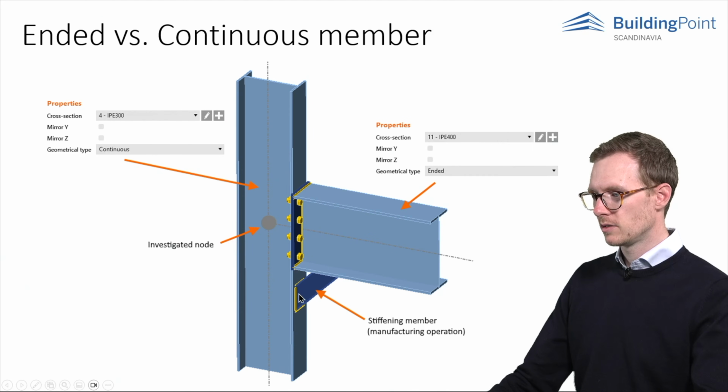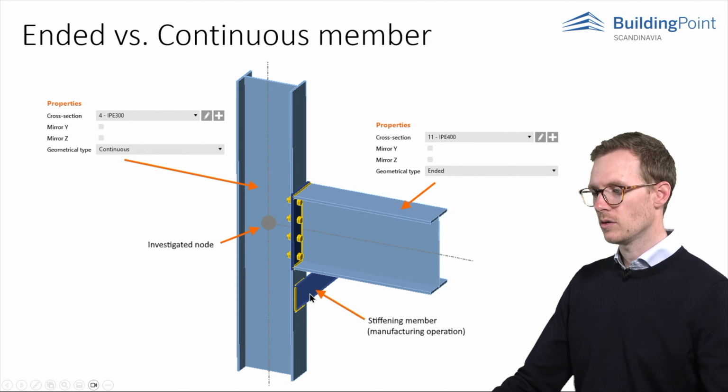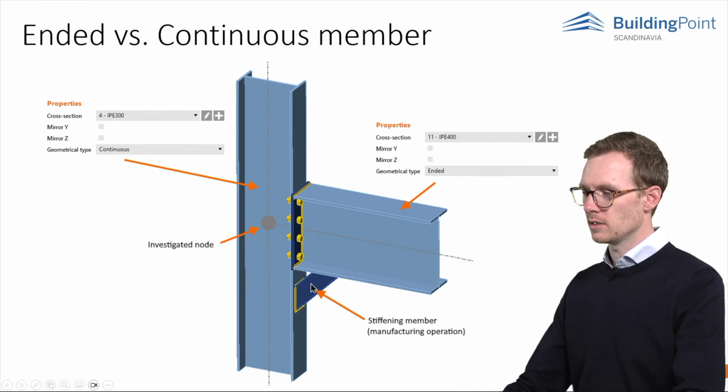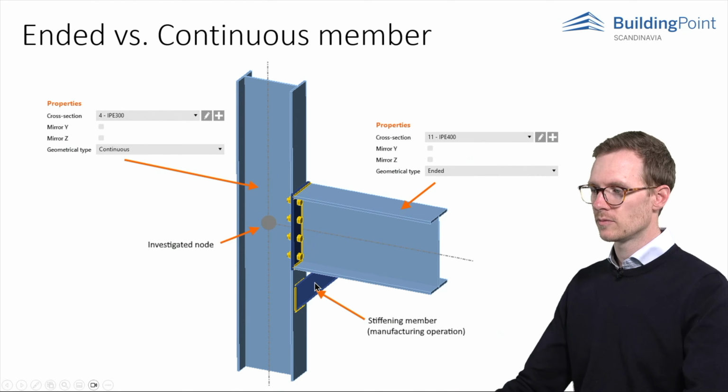If you want to connect two members together with some stub or for example, something like this, you have to apply a manufacturing operation called stiffening member. You cannot apply load to it, and this would be the best way to have a stiffening member like this.